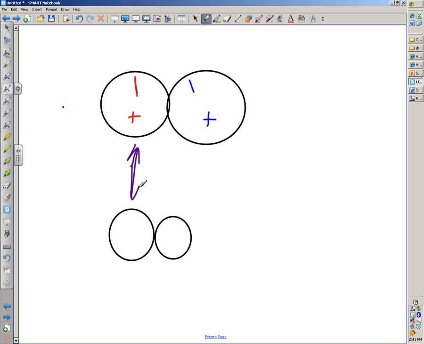This is what we refer to as an intermolecular force, because it's the force between molecules. Nonpolar covalents have very low intermolecular forces, meaning they are very easy to separate.